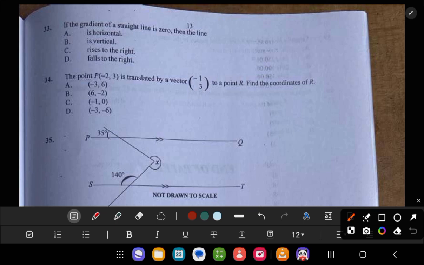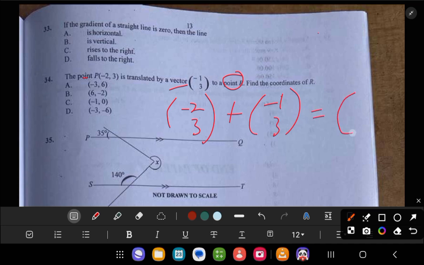Question 34. The point P, negative 2, 3 is translated by a vector negative 1, 3 to the point R. Find the coordinate of R. Now, questions like this, you expect them to tell you to find the image, but they didn't say image, they just said find. So you need to understand what is going on. To get an image, you always have a point and you always have a vector to the image. So negative 2, 3, which is the point, plus vector negative 1, 3 will give you the image.